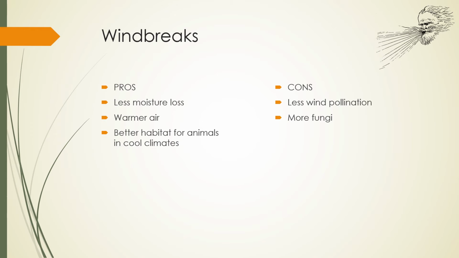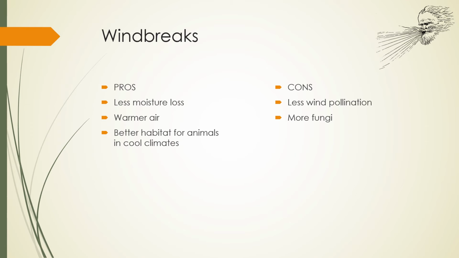If it's in a hot climate, then you might want to set up some windbreaks that funnel the air to particular areas that need the highest stream of wind flow. Because wind flow helps to cool a house or a pond or a plant. And if you have too much wind breakage, you're going to have less pollination in some instances.